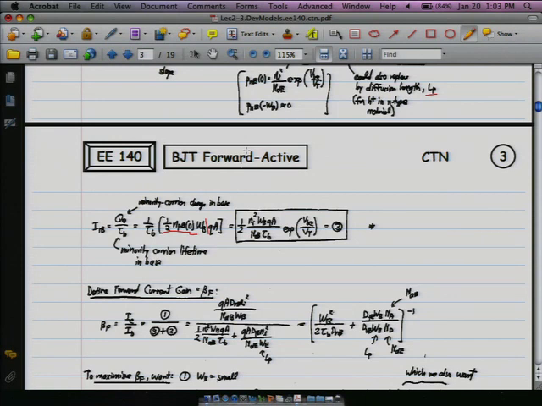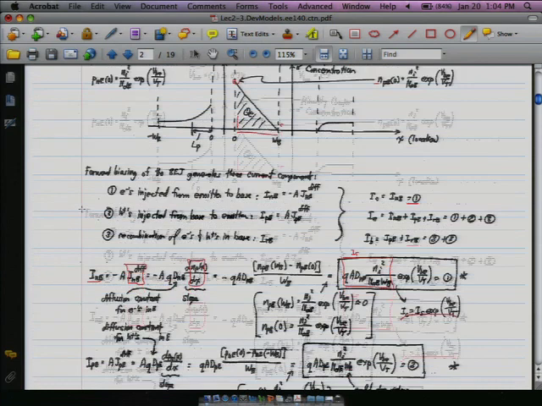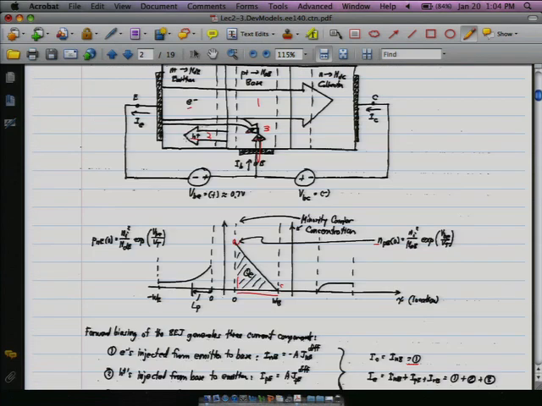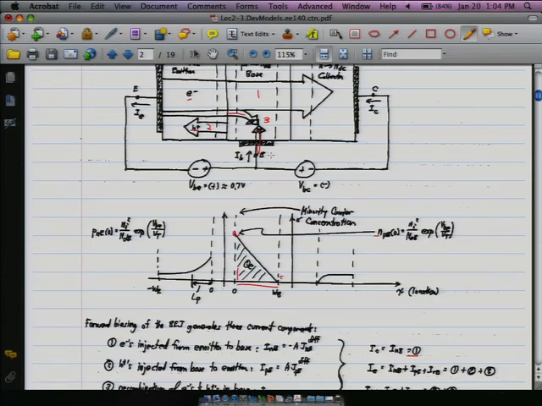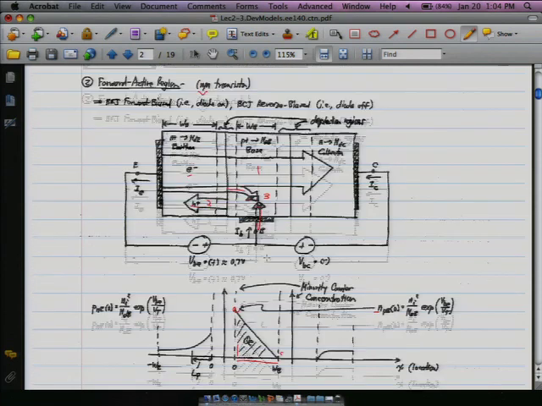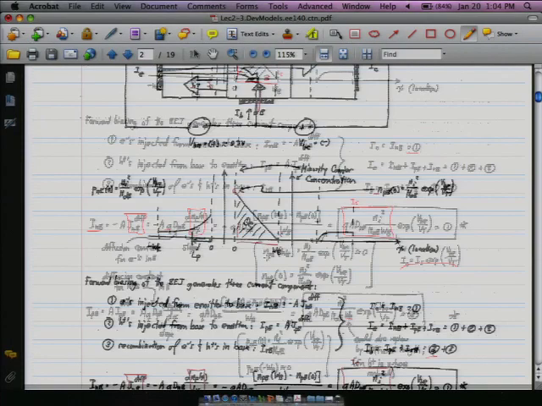We end up with this final expression, labeled as number 3, which expresses the current flow through here, exactly the same as this current. So it contributes to the total base current, which we see here.